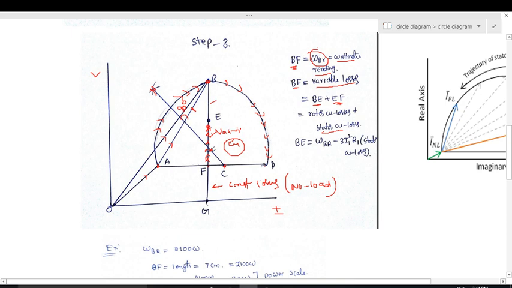After copper losses in the stator, the stator winding produces more flux, and that flux will be cut by the rotor, and then rotor current will be produced. Due to the rotor current, rotor copper losses take place. That's why first stator copper losses take place and then rotor copper losses take place. That's why first length E2F gives the stator copper losses.